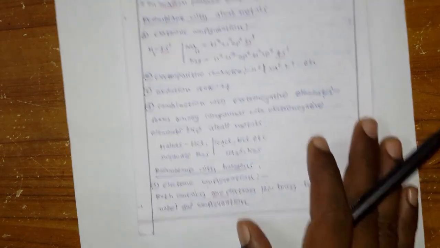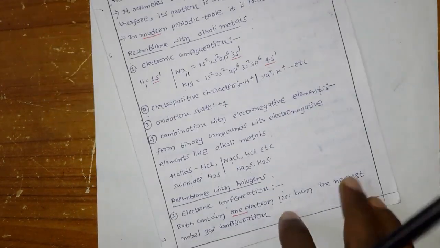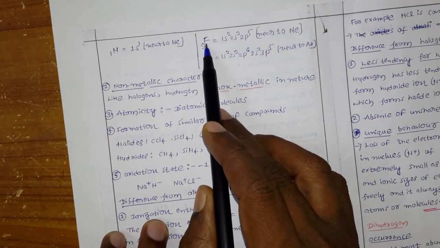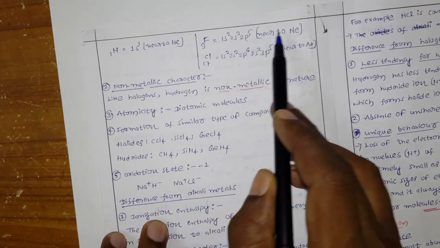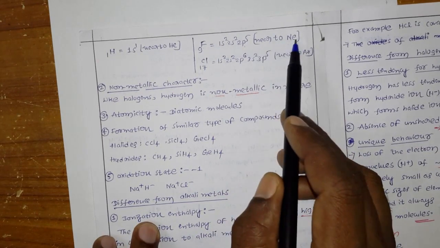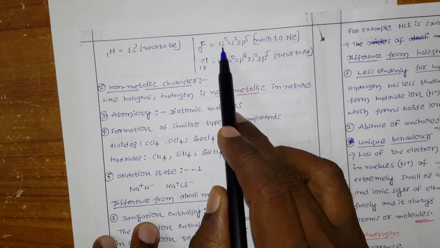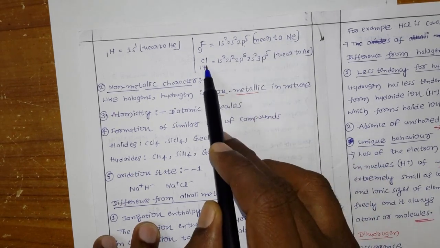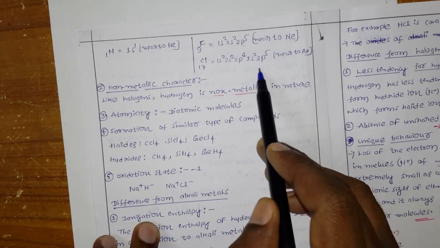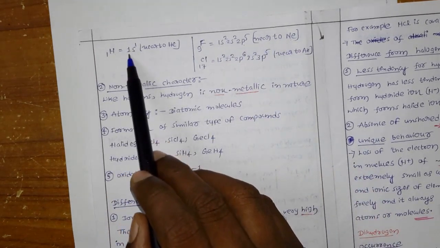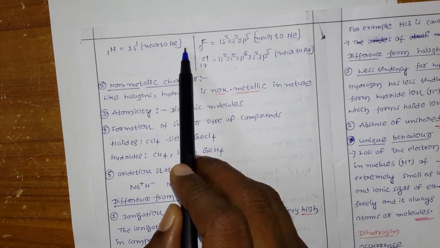Let's look here: fluorine is 1s2, 2s2, 2p5, so near to neon, and it is one electron less. The nearest neon configuration is 1s2, 2s2, 2p6, but fluorine is one electron less. Chlorine also has one electron less. Similarly, hydrogen also has one electron less, near to helium.